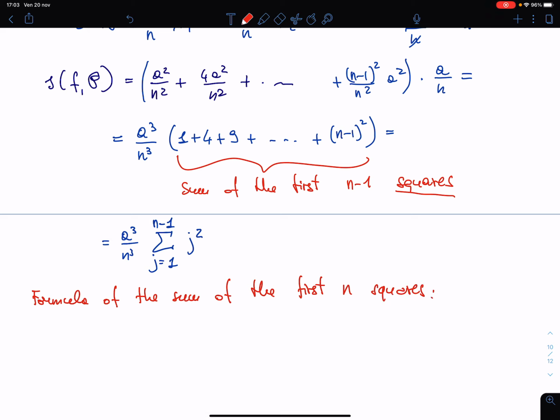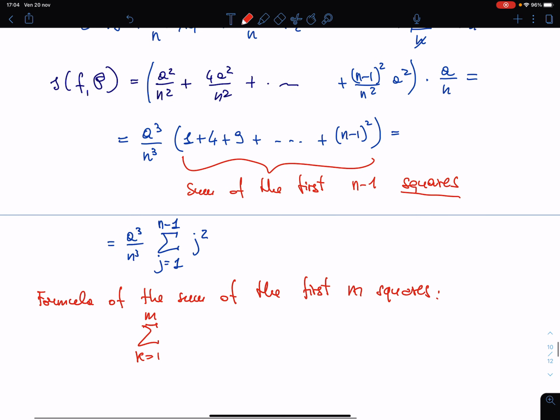We know that the sum for k from 1 to, let me call it m, of k squared is equal to m times m plus 1 times 2m plus 1 divided by 6.